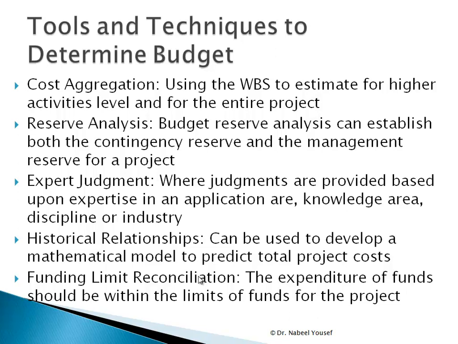So we are actually collecting the different small costs within certain processes or within certain sub-activities and determining the higher level cost, which will lead to the entire project budget and cost. Then we have the reserve analysis, which is using budget reserve analysis that can establish both the contingency reserve and the management reserve for a project.